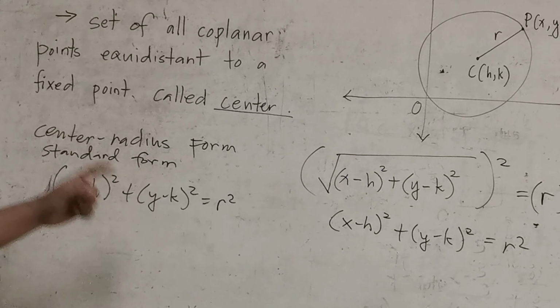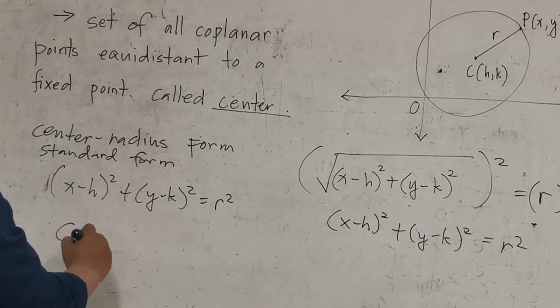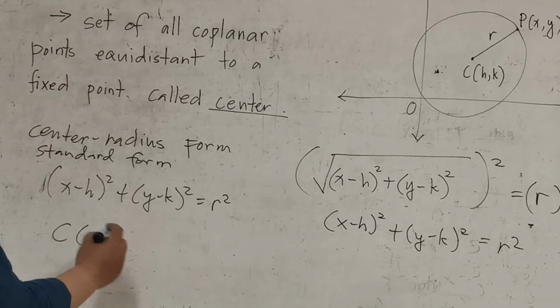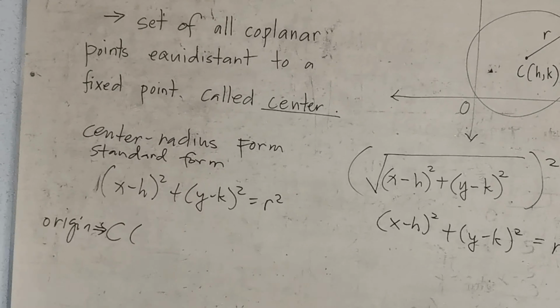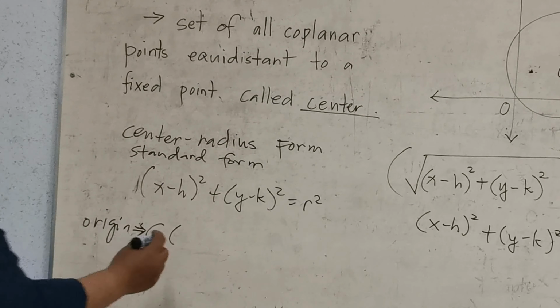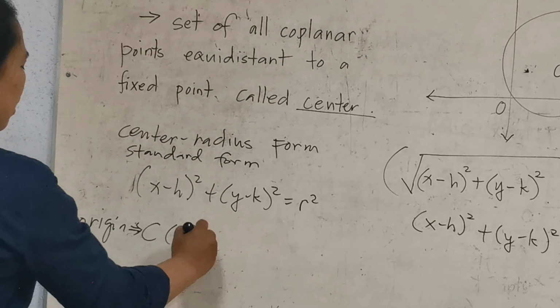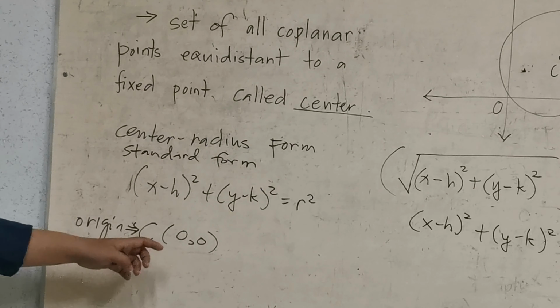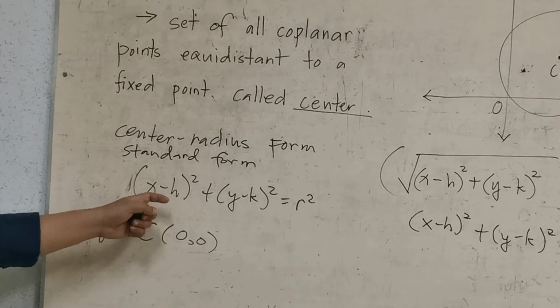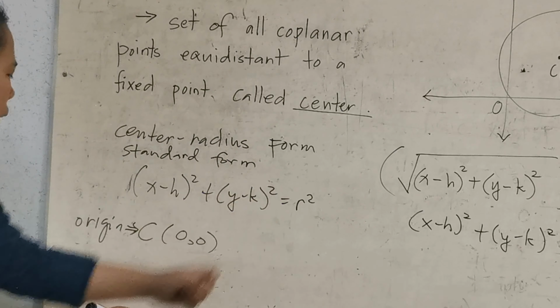How about if the center will be at the origin? So instead of h and k, the center is at the origin. This means that the coordinates will be at 0, 0. So just substitute the values of these coordinates for the values of h and k.